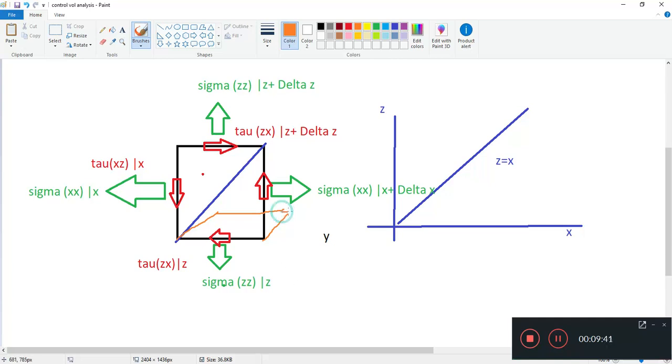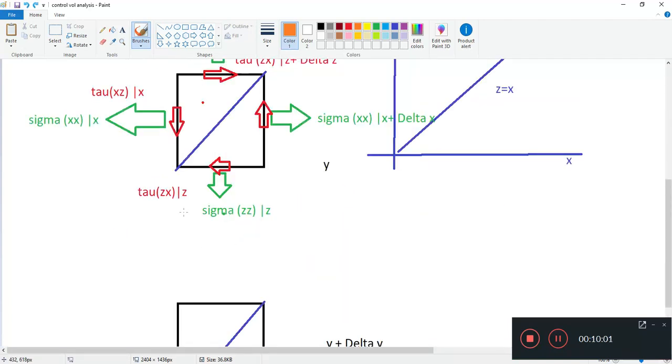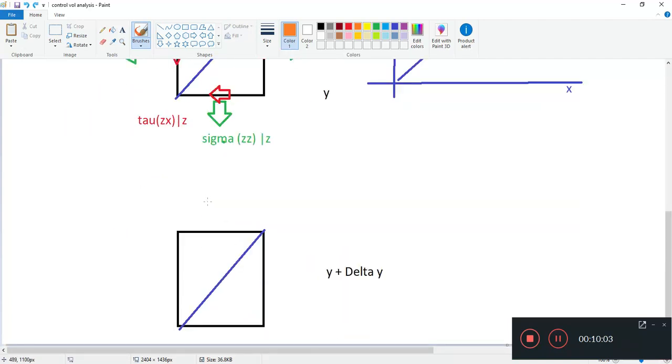Now you're wondering how we're going to determine which is the positive direction. Don't worry, we'll come to that somewhat later. So for now, we'll just keep it simple in a 2D way.